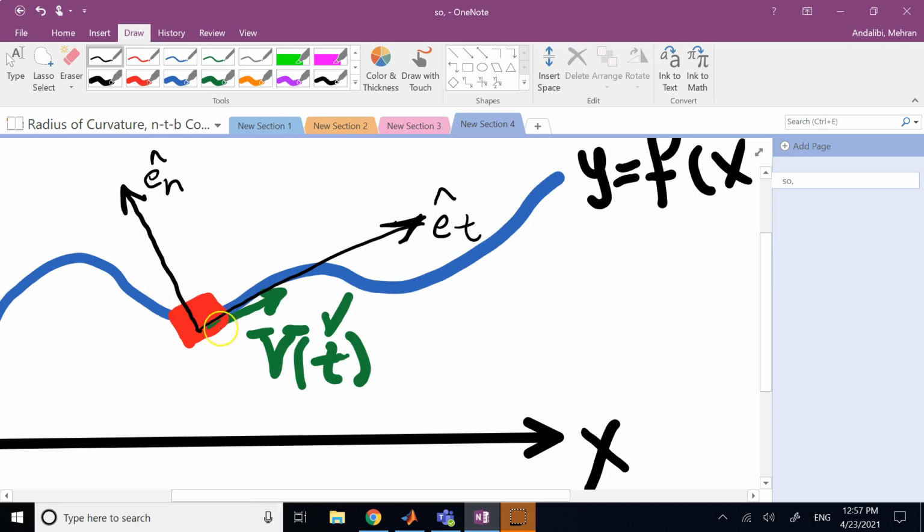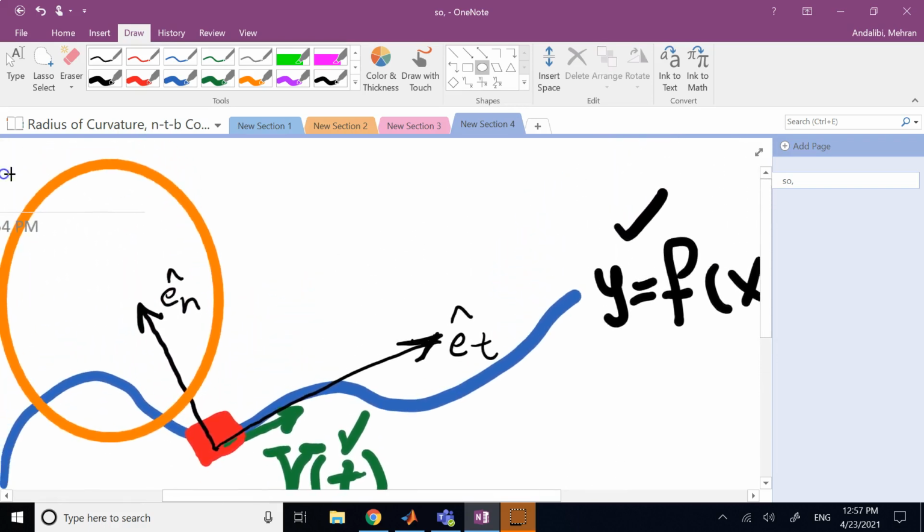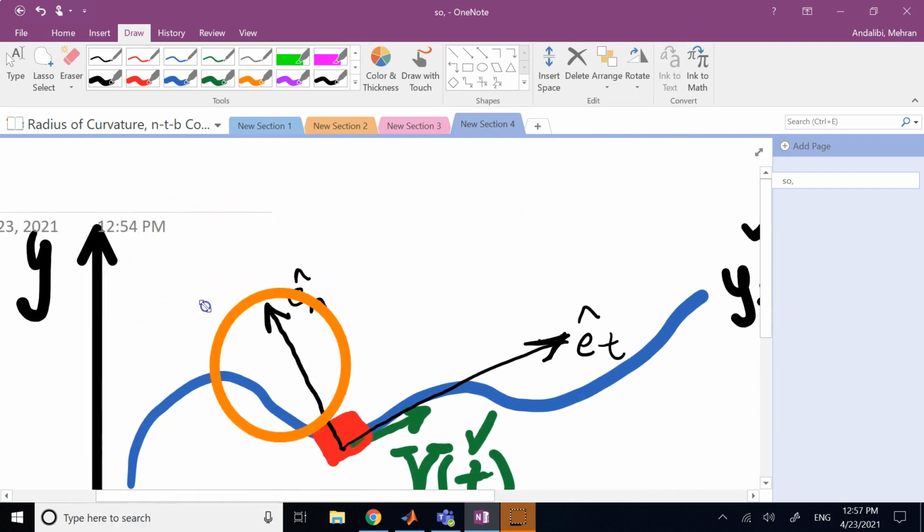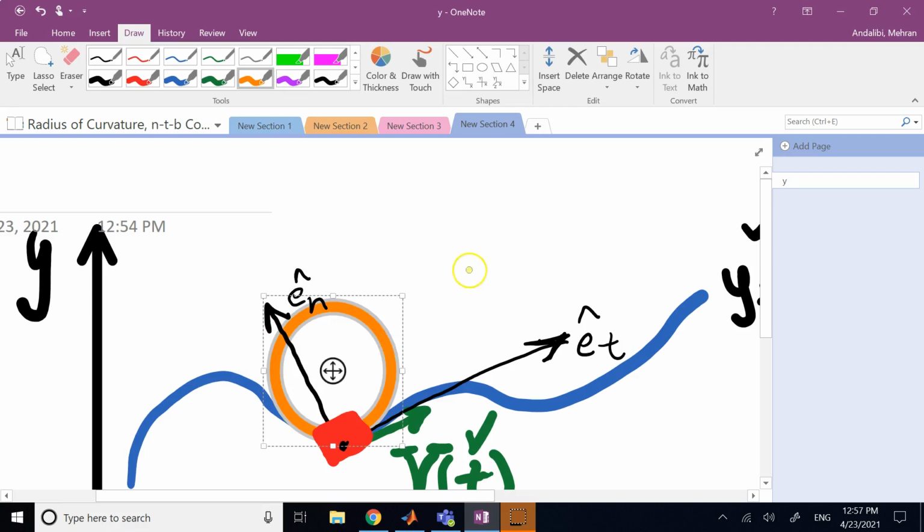Clearly, ET is the direction that the velocity is, and EN is in the direction that goes toward the center of curvature, right? Because you know the notion of center of curvature, right? So if I draw this local circle at that point, of course it has to be a little bit smaller. But if I do it something like this, correct?